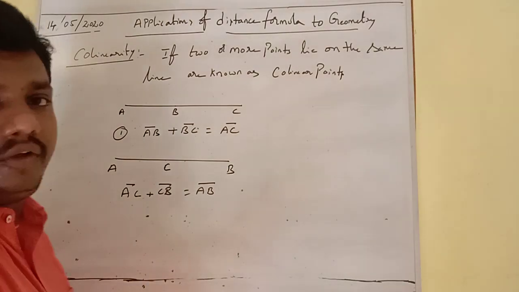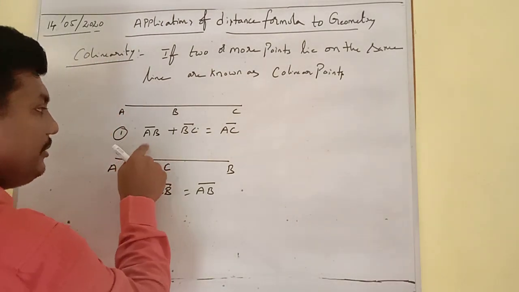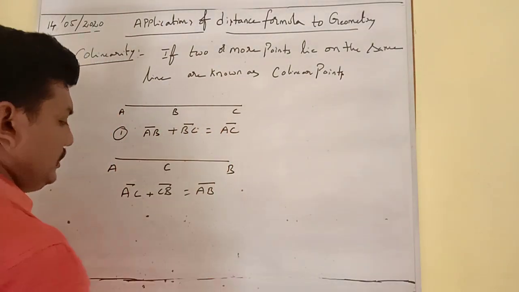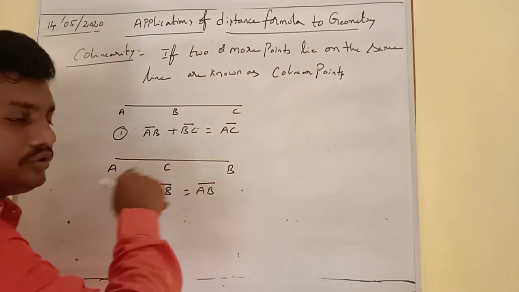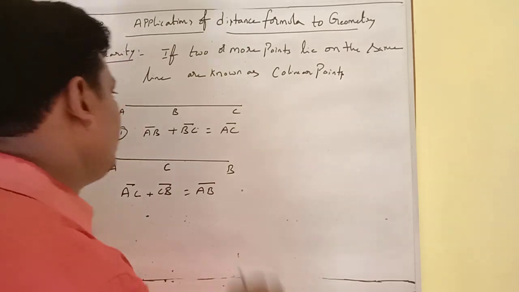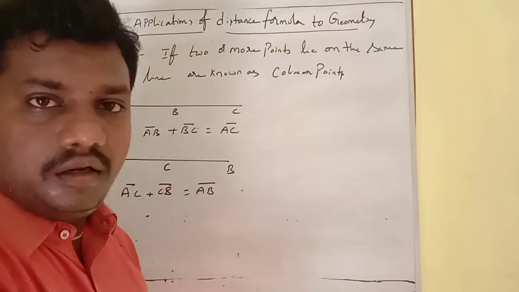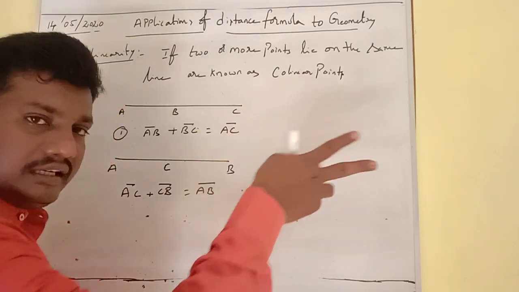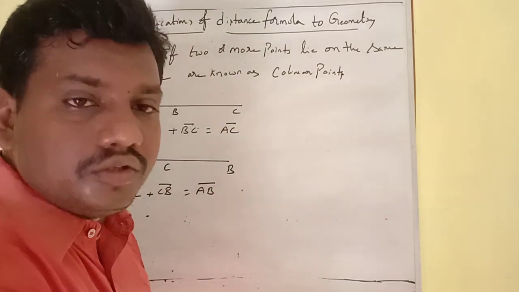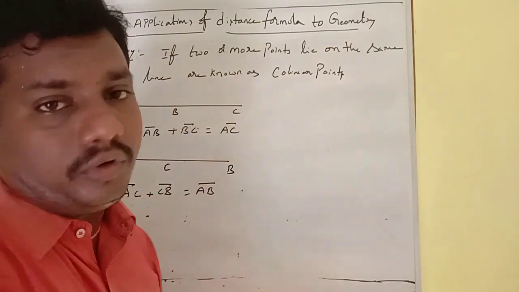Whatever the arrangement, we always have to find the AB distance, BC distance and AC distance. That means if 3 points are considered, we need to find three distances. If the sum of any two distances is equal to the third distance, then we call them collinear points.